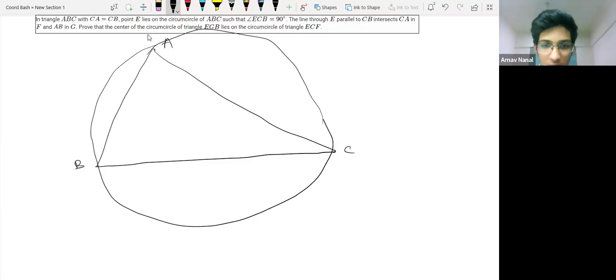ECB is 90, so it's diametrically opposite.